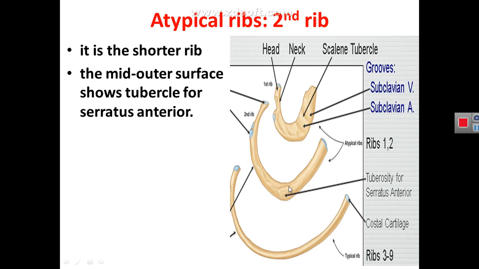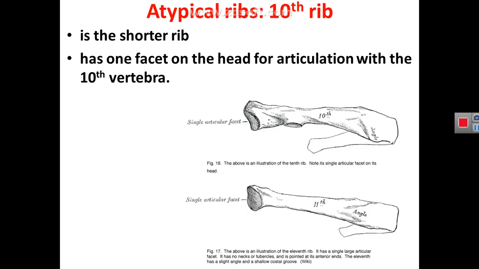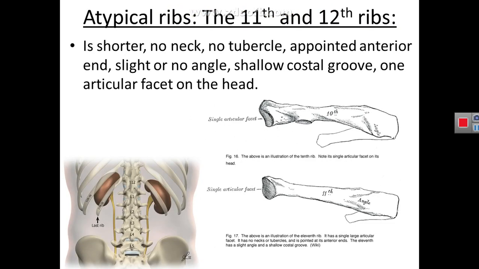Going to the atypical 10th rib. The atypical 10th rib has one facet on the head. It does not contain two facets on the head separated by a crest. And the atypical 11th and 12th ribs, as you can see in this figure, also have one facet on the head similar to that of the 10th rib.